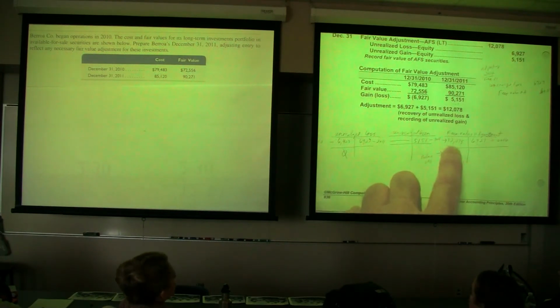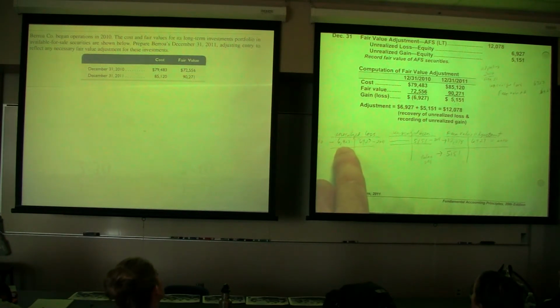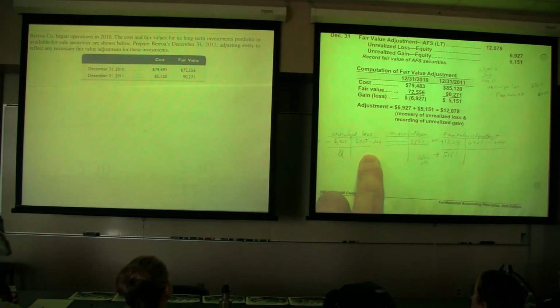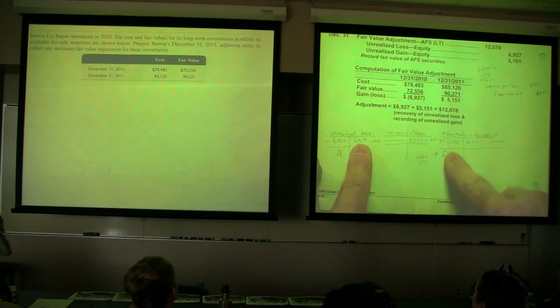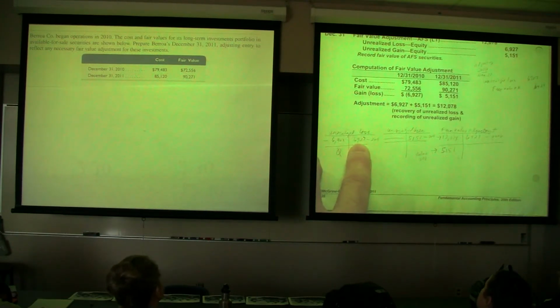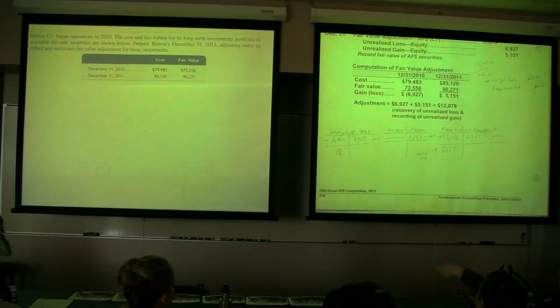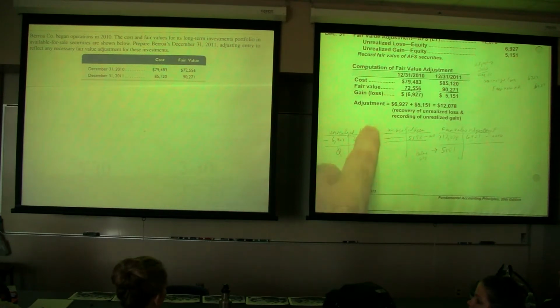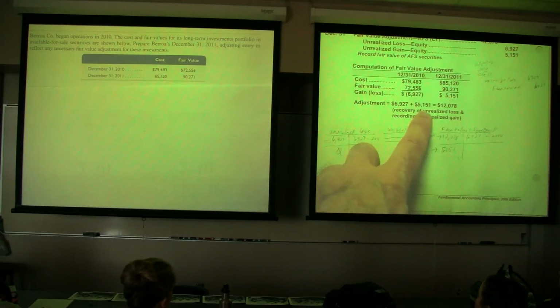If that were the case, you'd have an unrealized loss, you want to change it to an unrealized gain, and you would have had to use the 12,078 to do that. If I was doing this on my own, I would just see the difference between the two years, the difference between the 6927 and 5151. Well, again, what you're doing here is moving it from this loss to that gain.